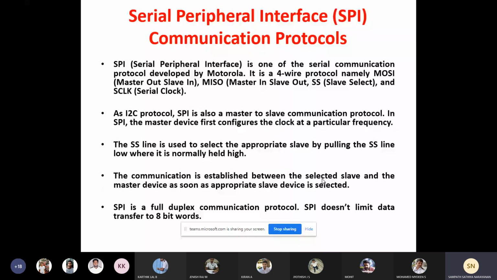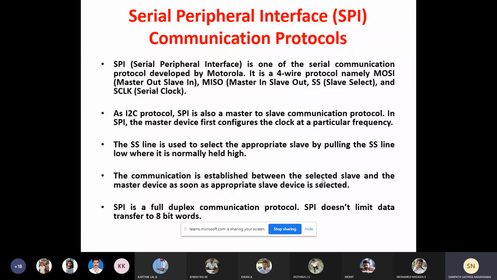Next one is the serial peripheral interface, SPI. Compared to I2C, it requires 4 wires: master output slave input, master input slave output, slave select line, and the serial clock line. SPI is also a master-slave communication protocol.